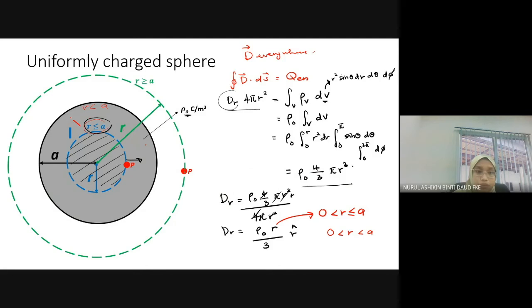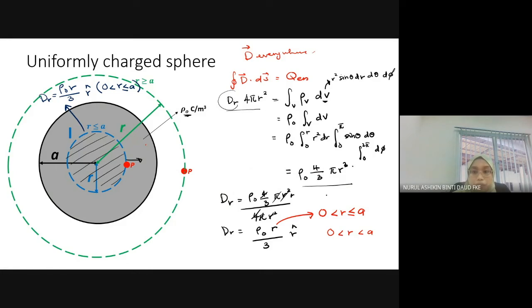When R is this, I should write it in blue color. The answer here I will write in blue, where my dR, in the r direction, should meet the condition 0 to a.